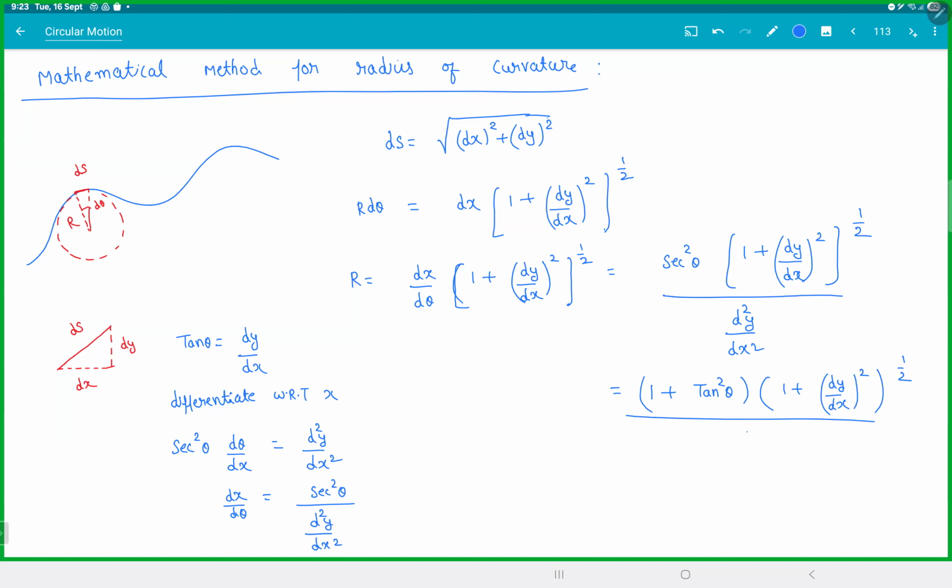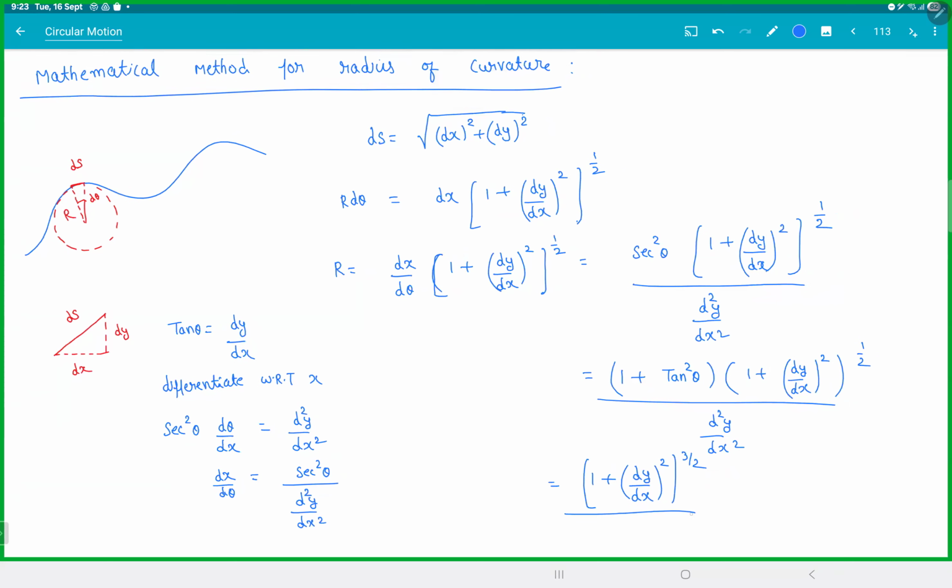And tan theta is nothing but dy by dx. There, you get a formula like this.